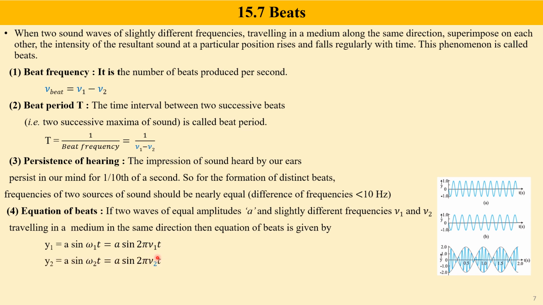So the equation for the second wave can be written as y2 is equal to a sin omega 2 t, that is equal to a sin 2 pi nu 2 t.